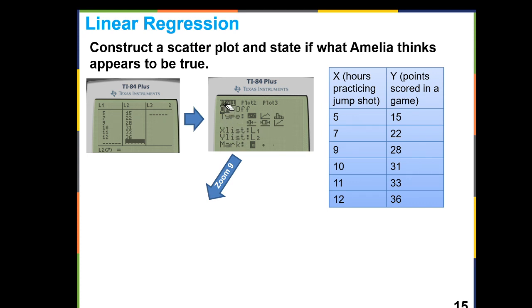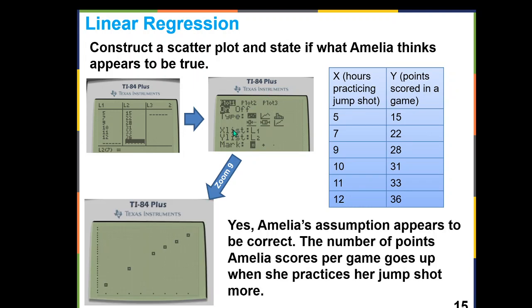We pick the first one and we turn it on. We pick that one, scatter plot, and then L1 and L2, and we pick one of these marks. There are 3 marks because there are 3 plots. So we pick one of those, and then we go to Zoom 9, and you should see these points graphed.